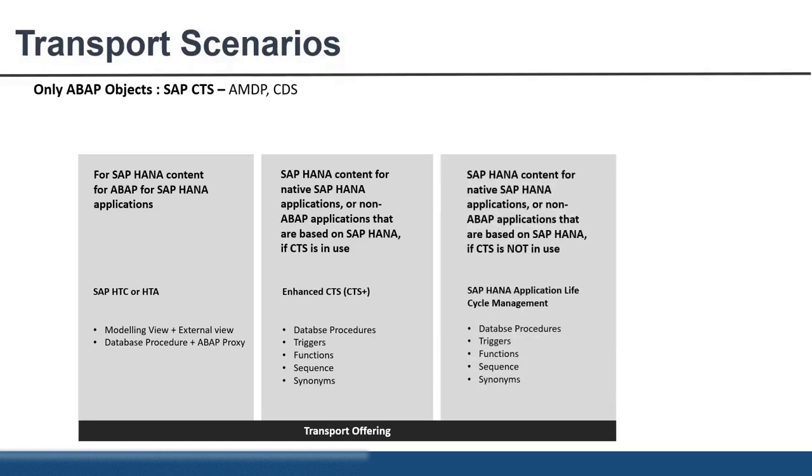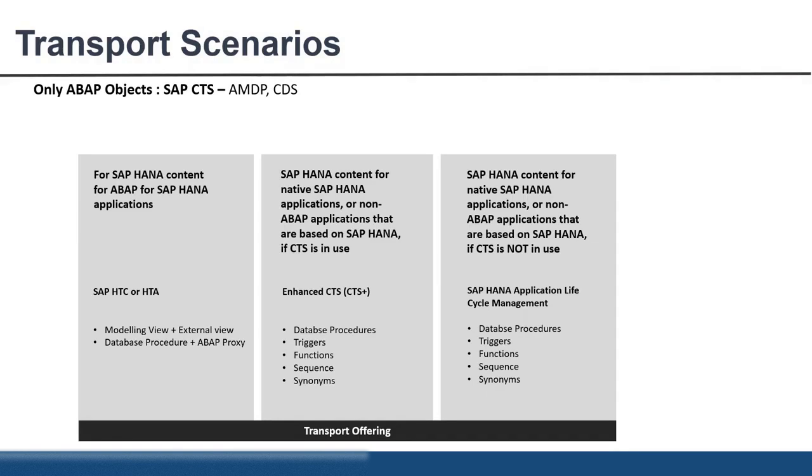Third scenario is you have only HANA object, that means HANA native object. You haven't created any ABAP object for the same. So for example, if you have created a database procedure or a trigger or a function or a sequence or synonym, anything like this in HANA database, and you want to transport it from one system to another. In this scenario, there are two options.